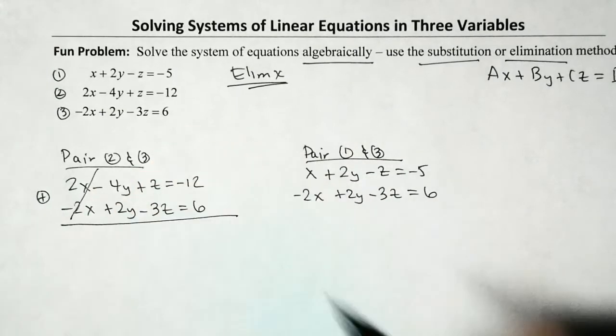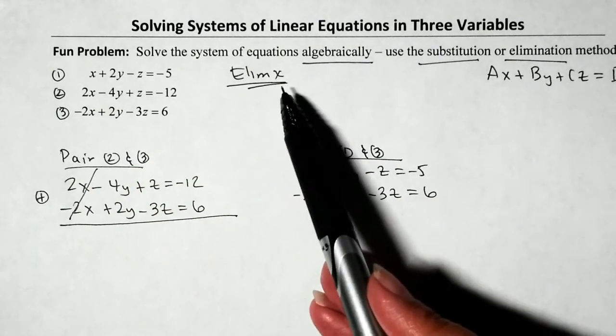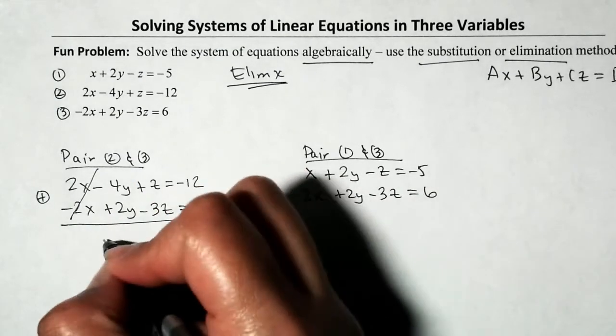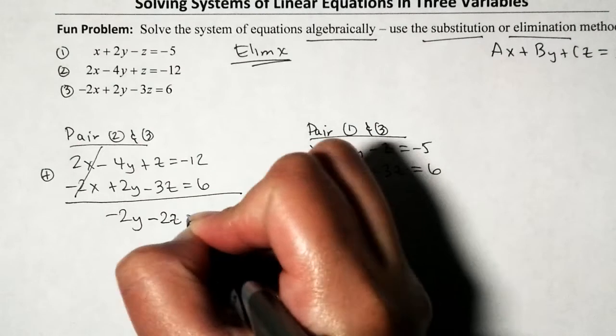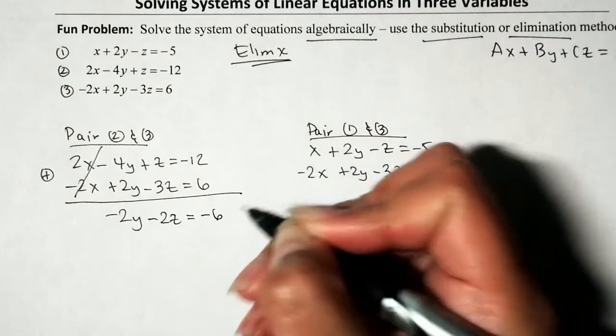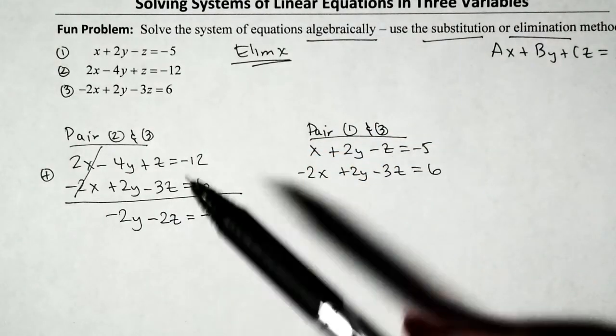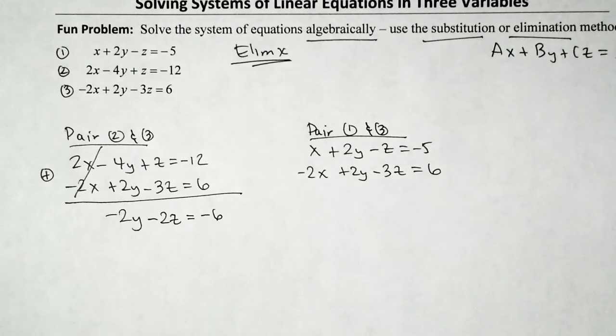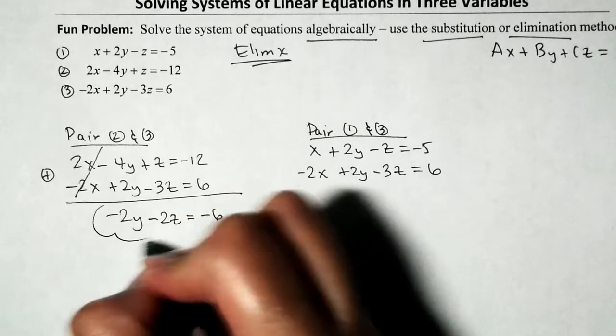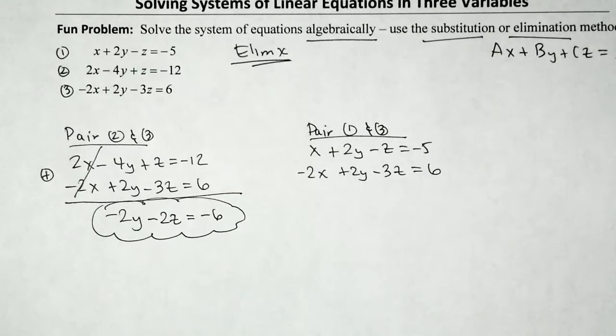The sum is 0 as expected because we said eliminate x. The sum of the y's will give us negative 2y. The sum of the z's will give us negative 2z. And the sum of the constants is negative 6. Please watch those signs. All too often, students forget the signs and they'll put something like 18 because they didn't see the negative. Let me go ahead and highlight this because we're going to do a lot of work.